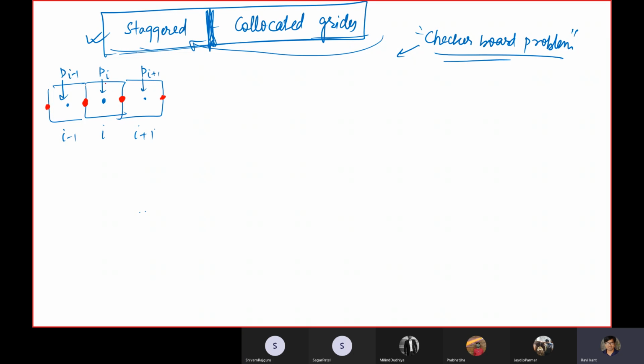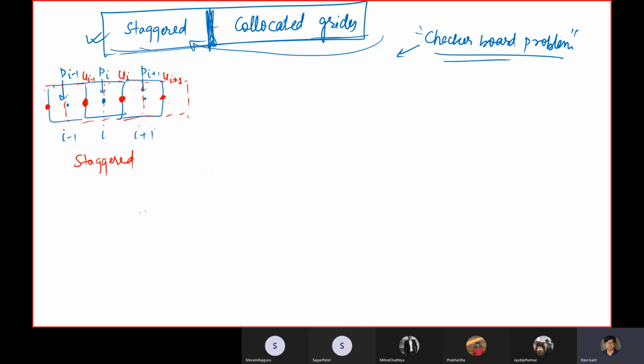So that is why there is a staggeredness of u control volume. So your u values are stored on the faces. That is the catch here. Okay, so this is kind of staggered.